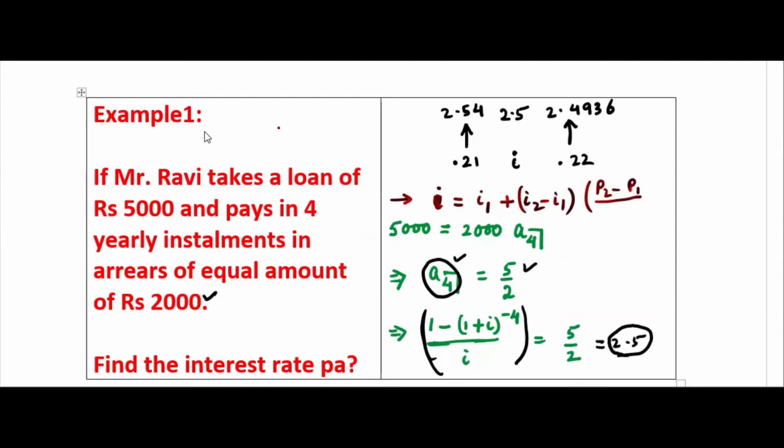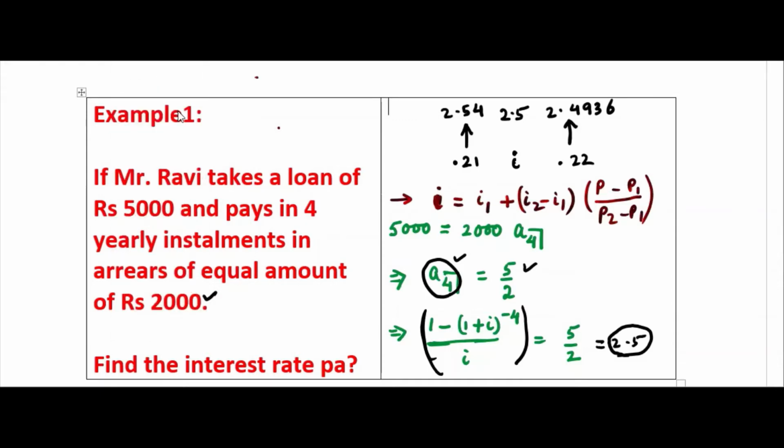Y minus Y1 is equal to M into X minus X1, where M is Y2 minus Y1 by X2 minus X1. This is the formula.